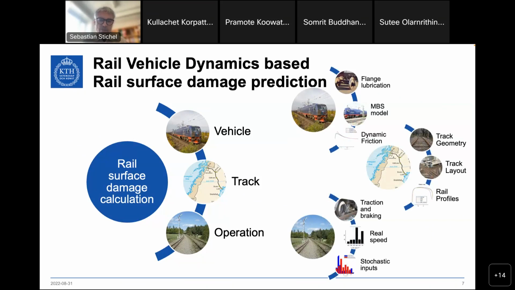And when it comes to the infrastructure, you need to know track layout, track geometry, track irregularities, the rail profiles for the vehicle. Of course, you also need the wheel profiles. And then you need to know something about the operation. What are the speeds? How much traction and braking and other inputs? What is the friction, for example, on the line? So there's a lot of information you need.